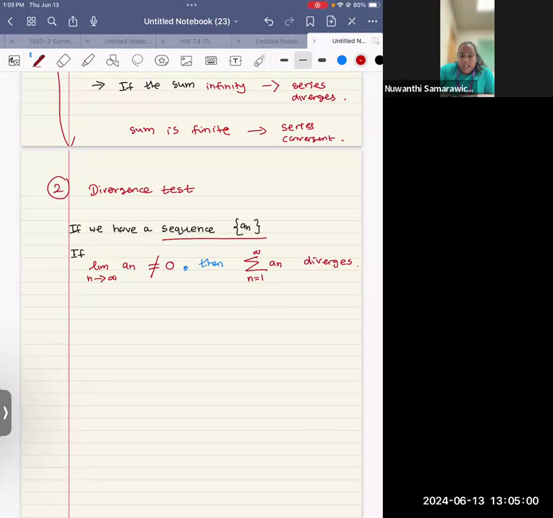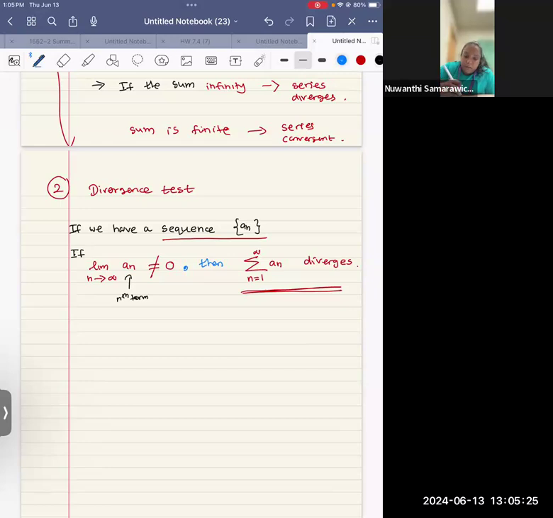So this is very easy. To check whether a series diverges, we can just show the limit of the nth term of a sequence is not equal to 0, and then it's divergent.